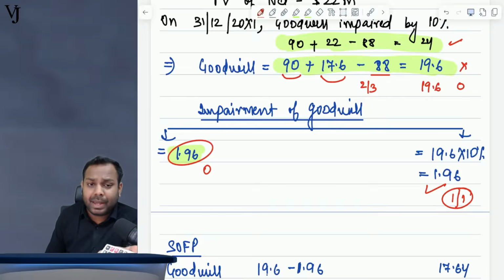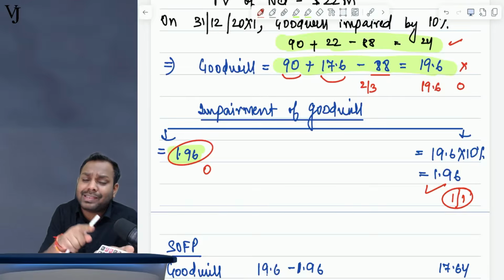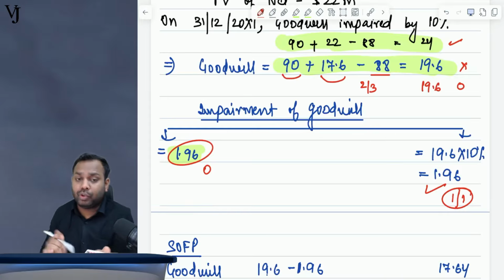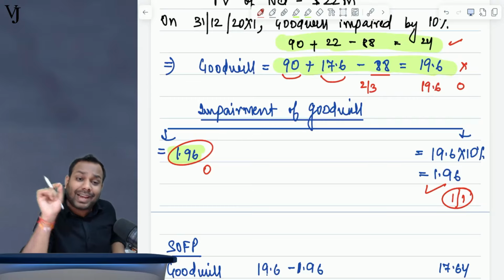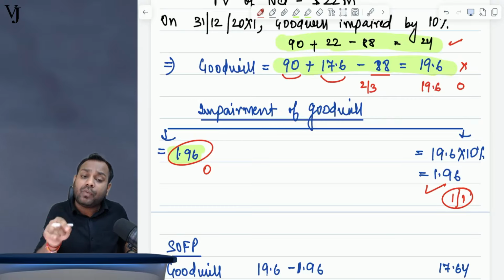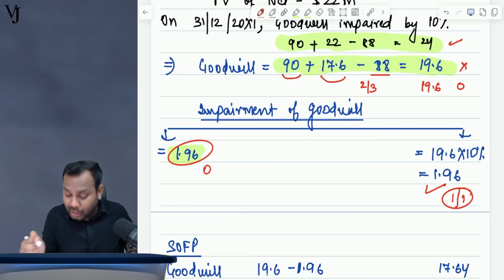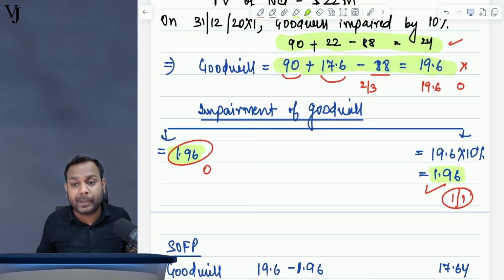Now the impairment of goodwill he has calculated correctly on the basis of wrong goodwill. So his knowledge of impairment of goodwill is correct, so let's give him full marks for that. Even though this answer is wrong, you are still getting full marks for the same.